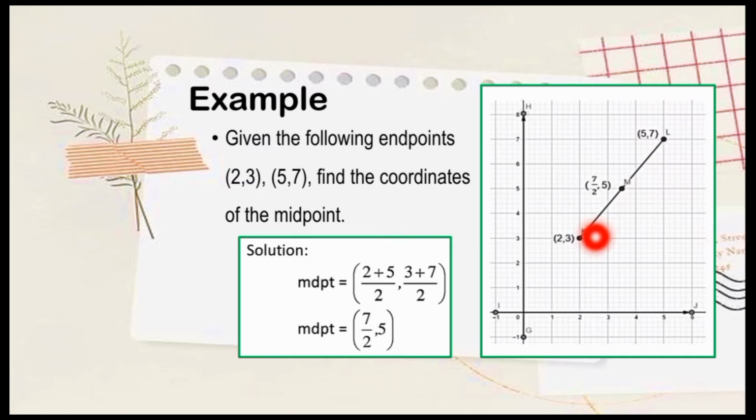So letter K and L is our endpoints, while letter M is our midpoint. So our endpoints and our midpoint are in the first quadrant.